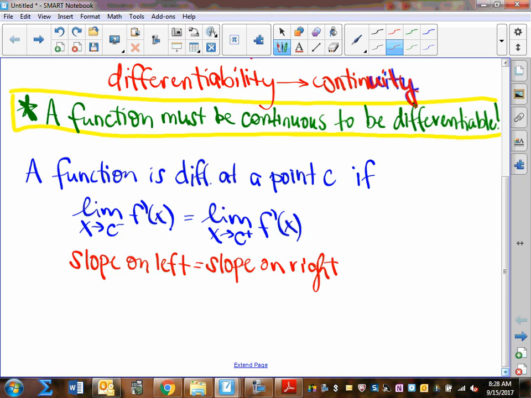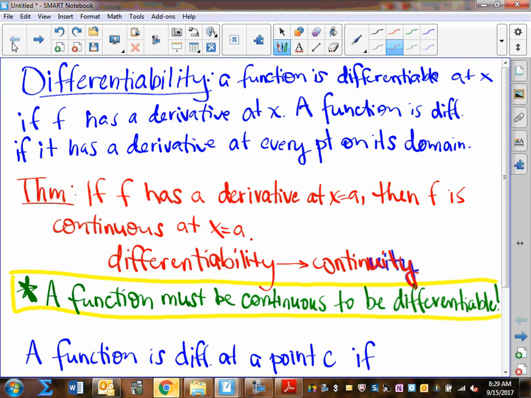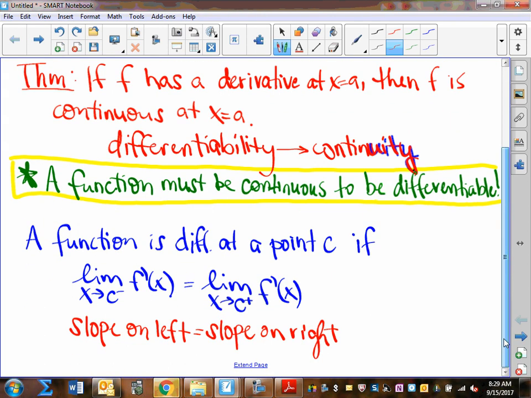So in order for that derivative to even exist in the first place, since the derivative equals that limit, my limit has to exist. In order for my limit to exist, left hand and right hand have to be the same. Well, what are we taking the limit of? Our slope. So the limit of my slope, that derivative on the left, must equal that slope, which is that derivative on the right.